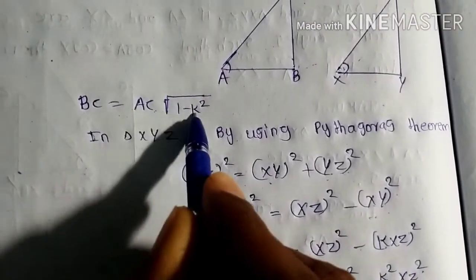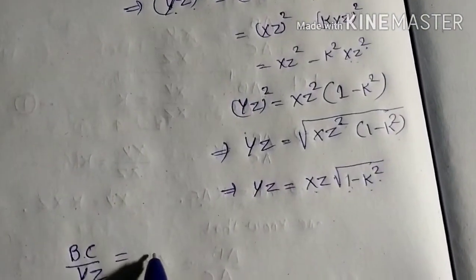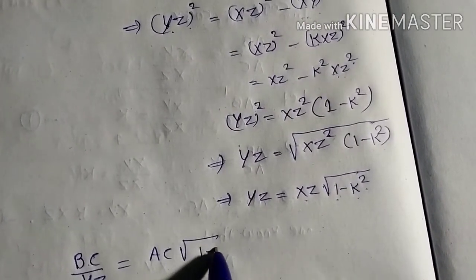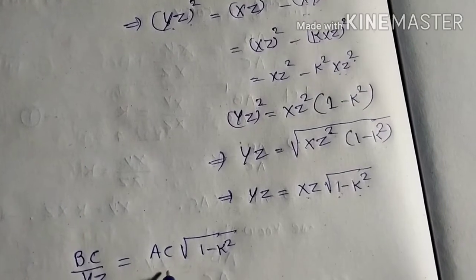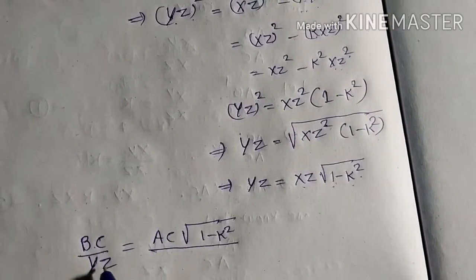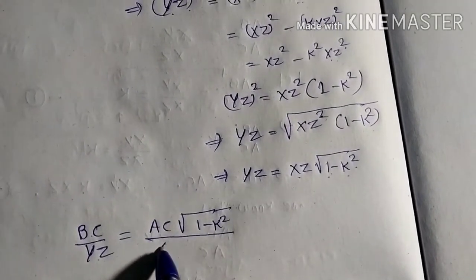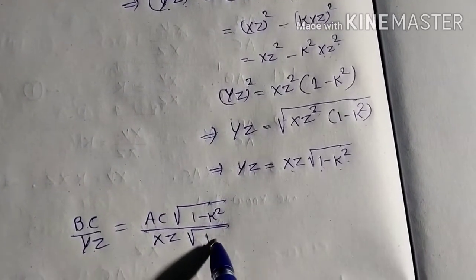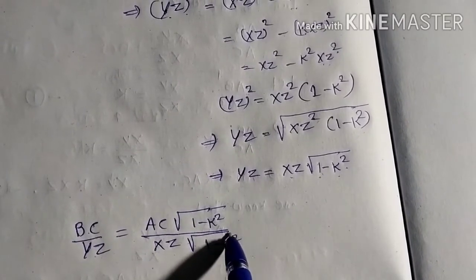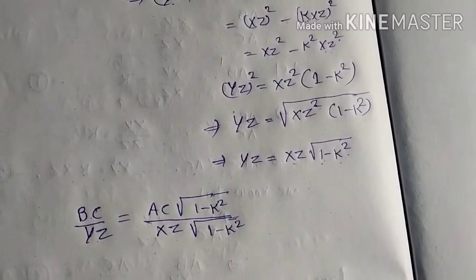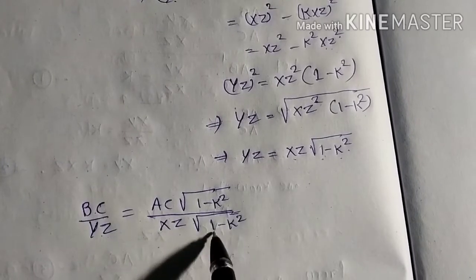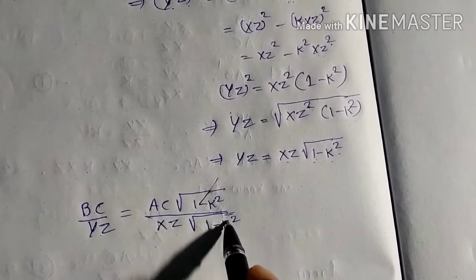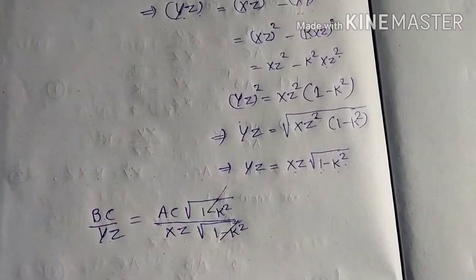Just now only we got AC into square root of 1 minus K square, by, here YZ is equal to how much? XZ into square root of 1 minus K square. See here square root 1 minus K square, here also square root 1 minus K square, both should be cancelled. Yes or no? Yes.